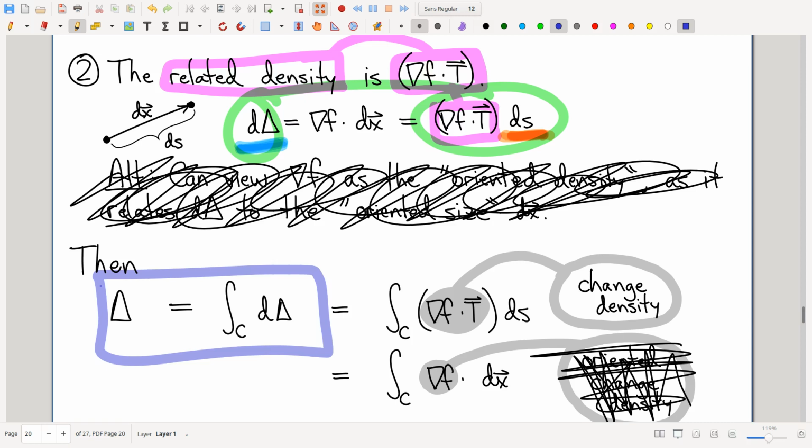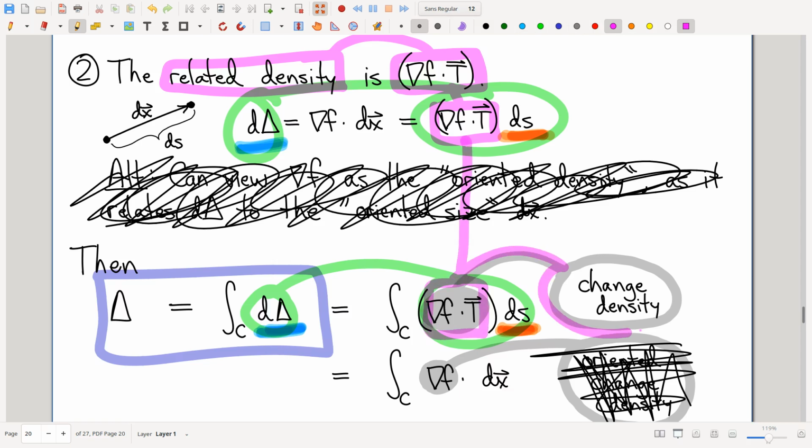And as I have above, output change relates to input displacement by way of that density. Change density, we call it, of course, because our quantity in question has changed.